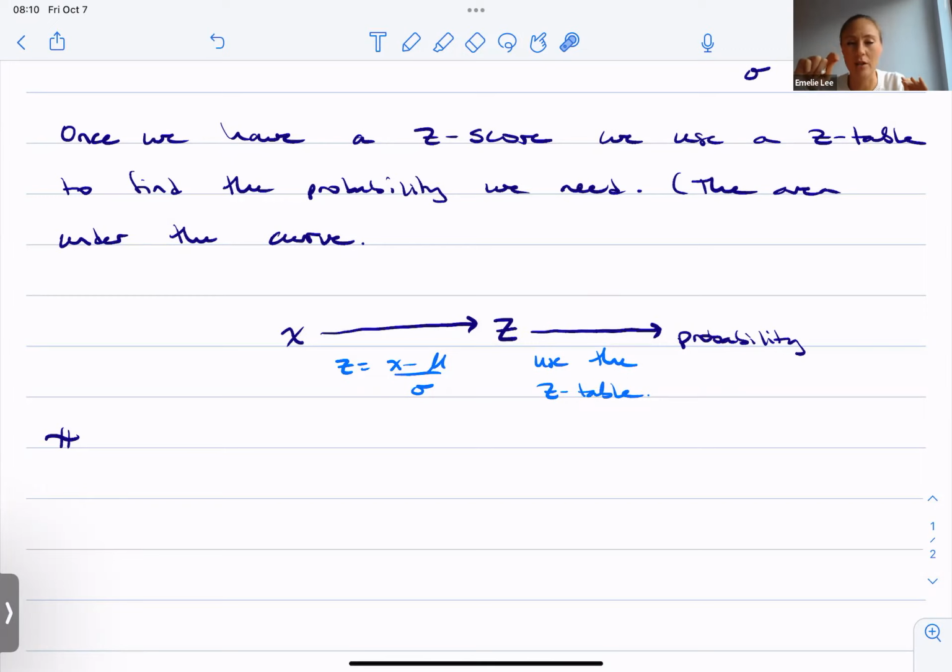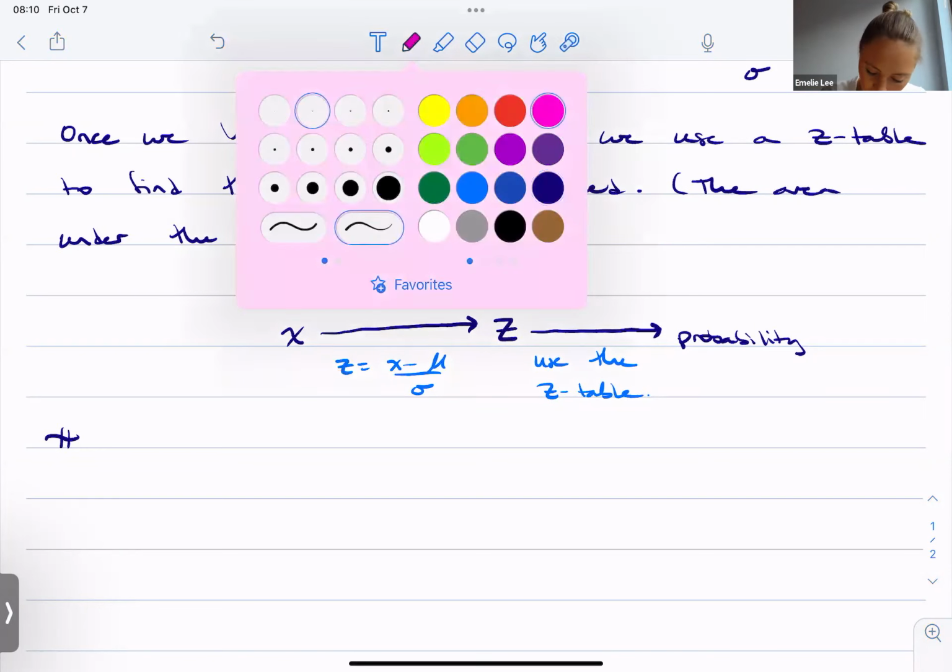We haven't done a lot of practice with the z-table, so I know it's still a little bit weird, but we're going to do more practice. But we can take a probability and turn it into a z-score by backtracking in the z-table, and then I have a z-score. So now I have a z-score, and I know mu and I know sigma, so then I can solve for x. And so we can also move this way.